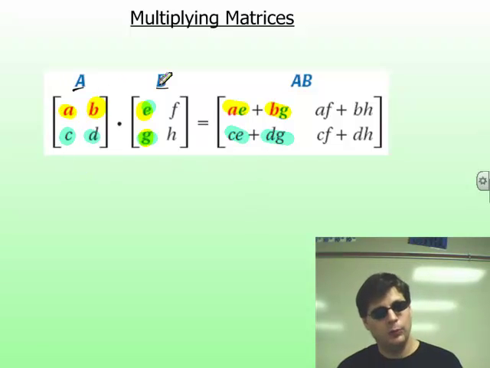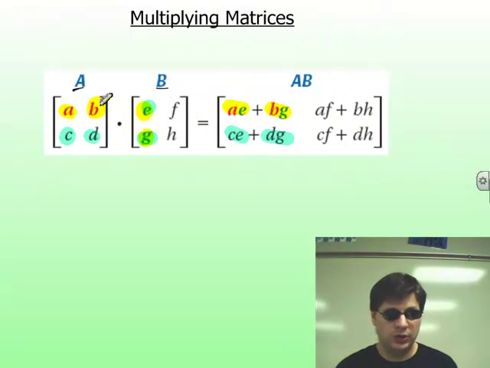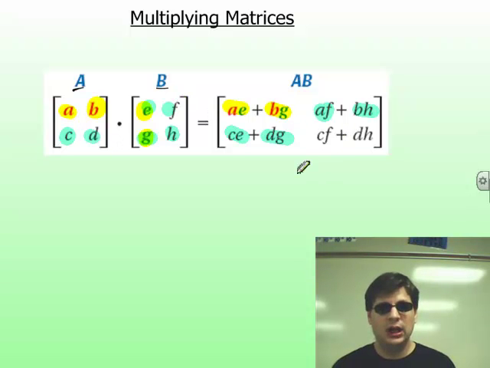Then we switch over to the second column, and then we multiply the first row, A with F, and then we put that here, and then we're going to multiply B with H, and that goes here. And then finally the second row with the second column of B. So C and then F and then D and H.